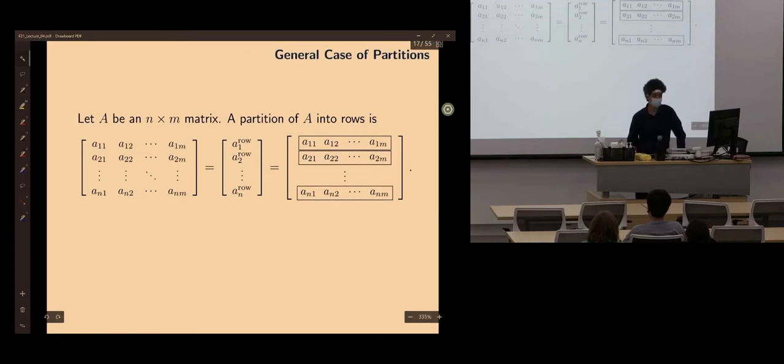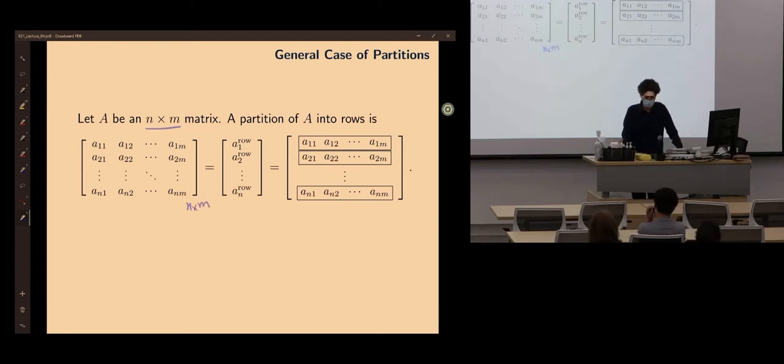So what are we doing here? We have an n by m matrix. N rows, m columns. How many row vectors can I get out of this matrix?